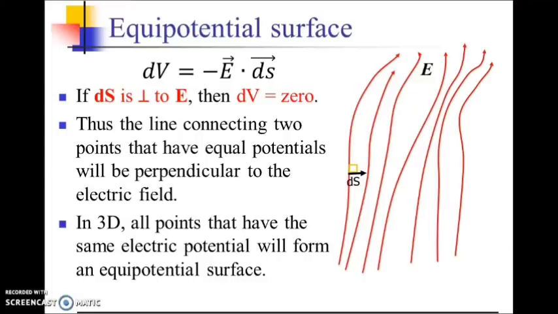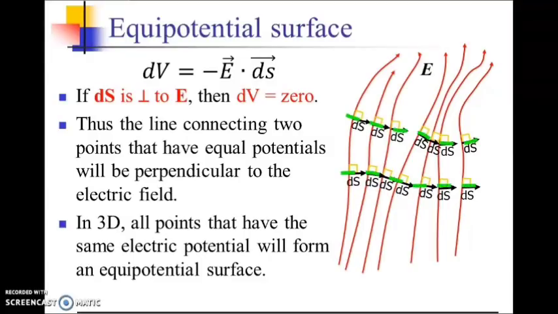And you can continue these displacements ds such that at every instant the displacement ds is perpendicular to the electric field. And thus you construct an electric field line at different locations. So then if you connect all of these points with a dashed line, you get an equipotential line. It's an equipotential line in a 2D picture, but in reality it's a three-dimensional equipotential surface.